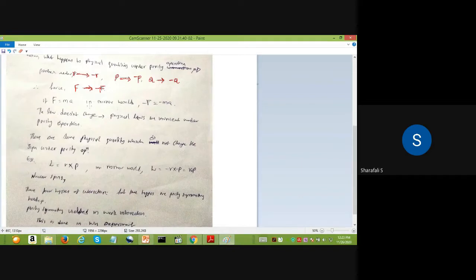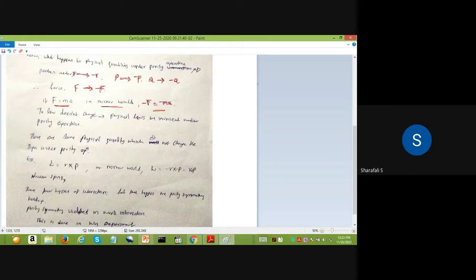For example, if you consider F equal to MA in your real world, then in the mirror world, that means after parity operation, your F is going to be minus F, and your A will become minus A, so it will become minus MA.